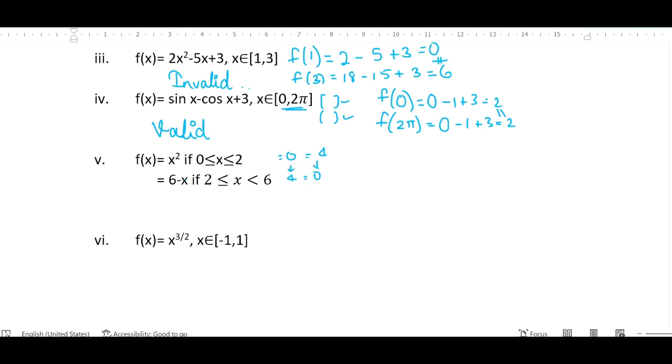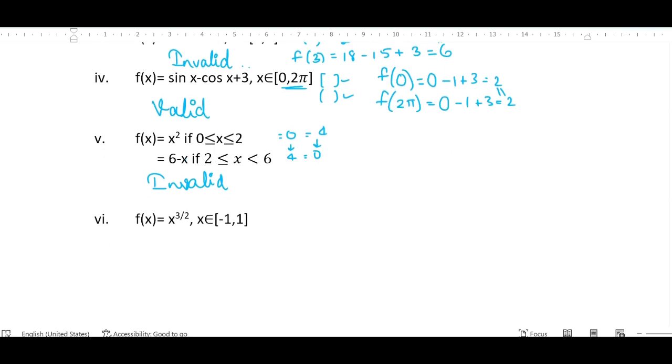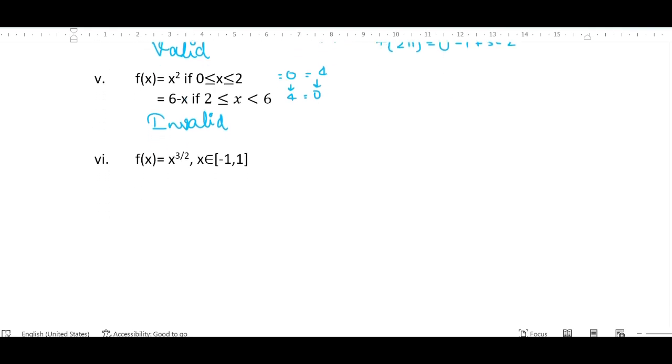These values are not corresponding, right? So here it becomes invalid. Why? Because the values are not corresponding. Coming to the last question, f of x equals x to the power 3 by 2.